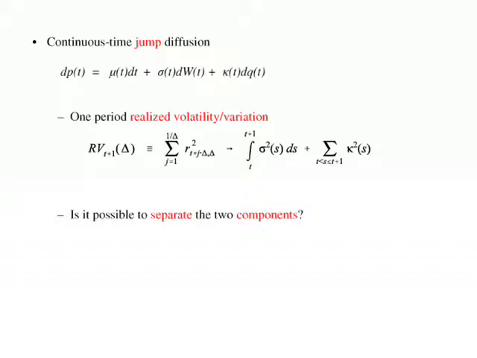As I said, there's nothing wrong with any of the theory I talked about, even if the price process did in fact contain jumps. In that situation, the realized volatility, or the realized variation, given by the sum of the squared high frequency returns as we sample finer and finer in this model, would go to our old friend, the integrated volatility, plus the squared jumps.